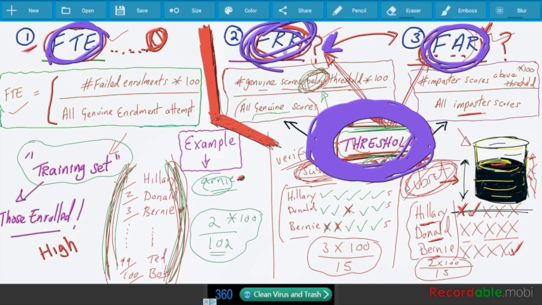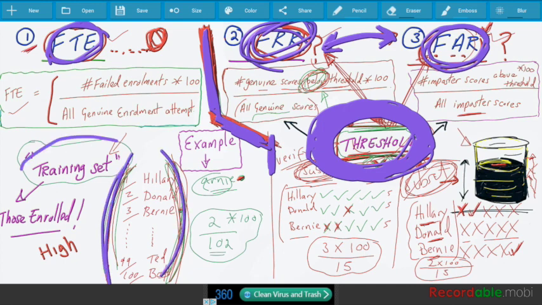So throughout the whole false rejection rate experiment, it should be the same threshold. Throughout the whole false acceptance rate experiment, it should be that same threshold again, consistently. In a sense, you can almost get away with this project having a different threshold for the enrollments, because that's just developing your training set.